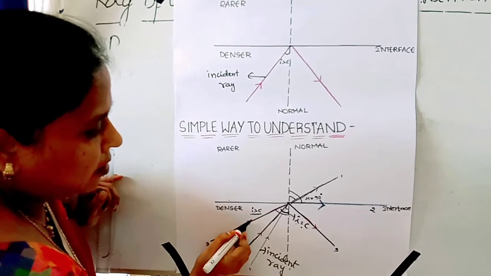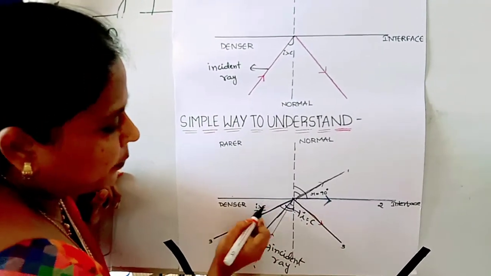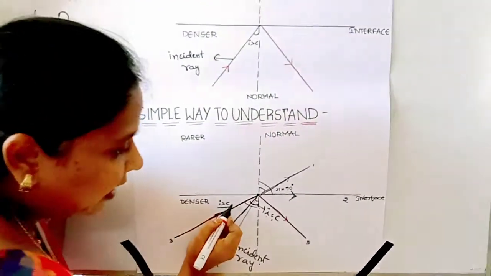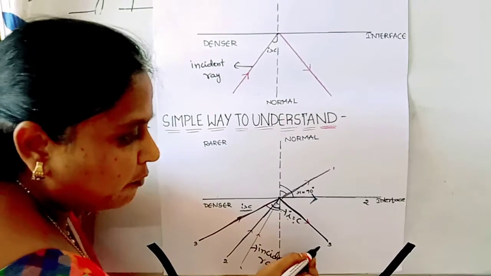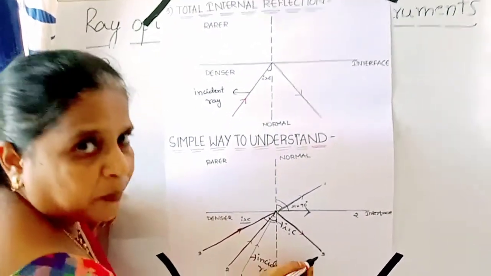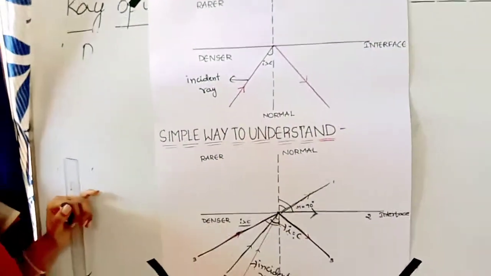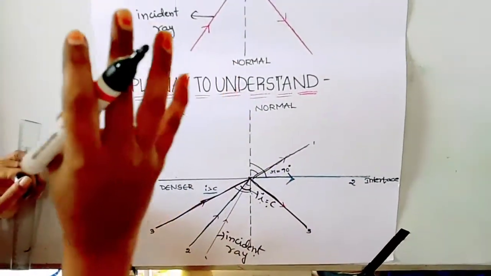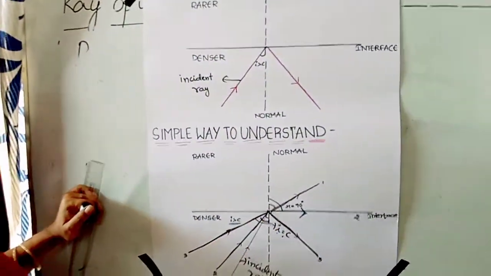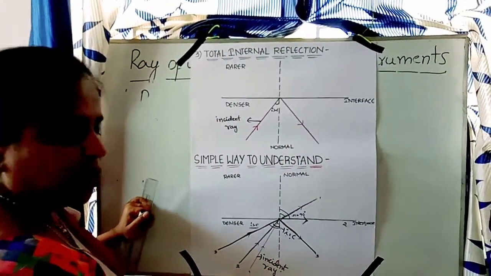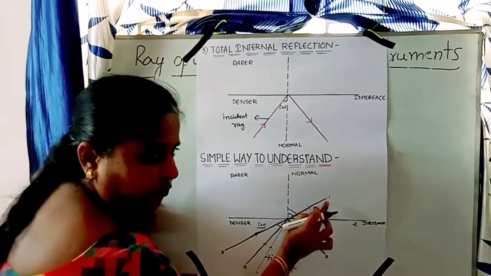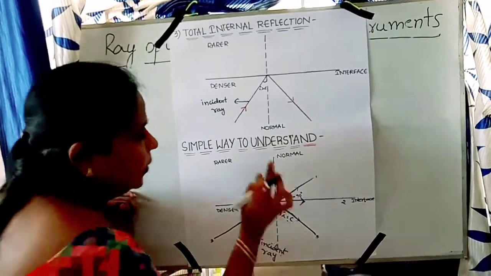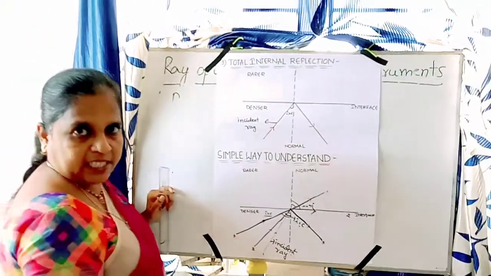When the angle of incidence is greater than the critical angle, it is totally reflected back into the same medium. That is called total internal reflection. So from this figure we can understand refraction, critical angle and total internal reflection. The first ray shows refraction, the second ray shows critical angle, and the third ray shows total internal reflection.